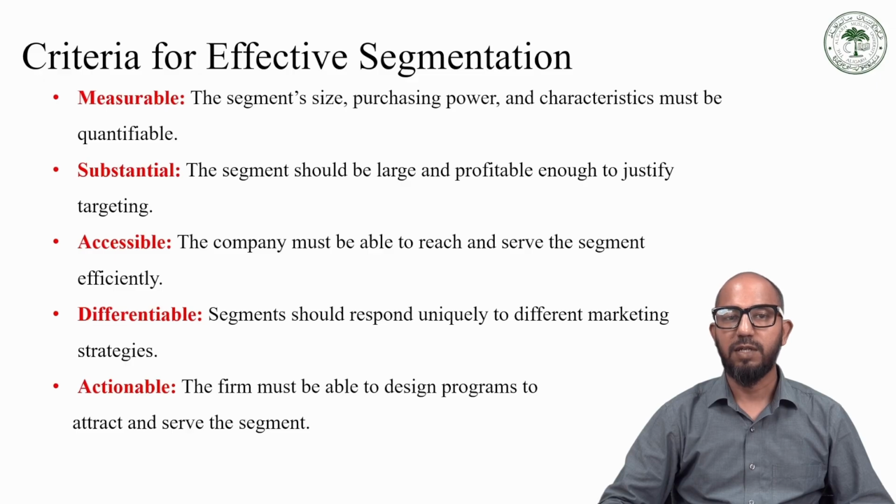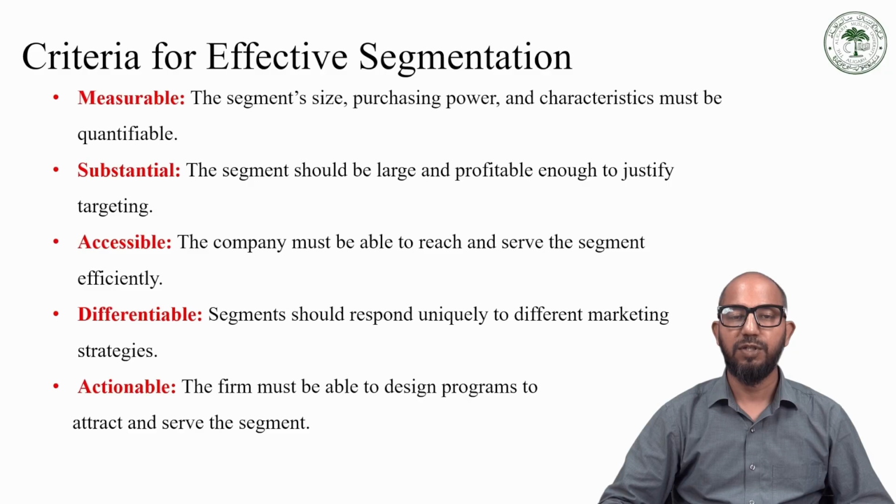Dear students, let us now try to identify the criteria for effective segmentation. Effective segmentation should have the following features. The first is measurable. The segment size, purchasing power, and characteristics must be quantifiable. An effective segmentation should be substantial, that is, the segment should be large and profitable enough to justify targeting.